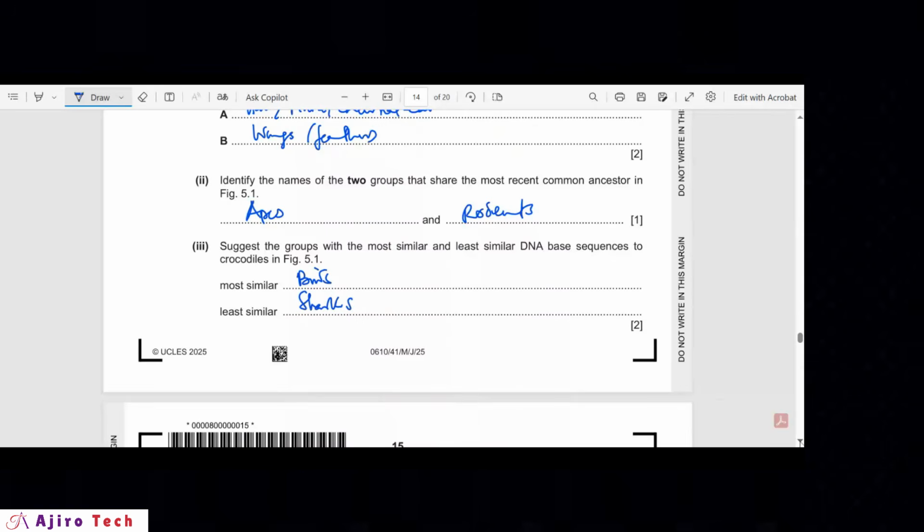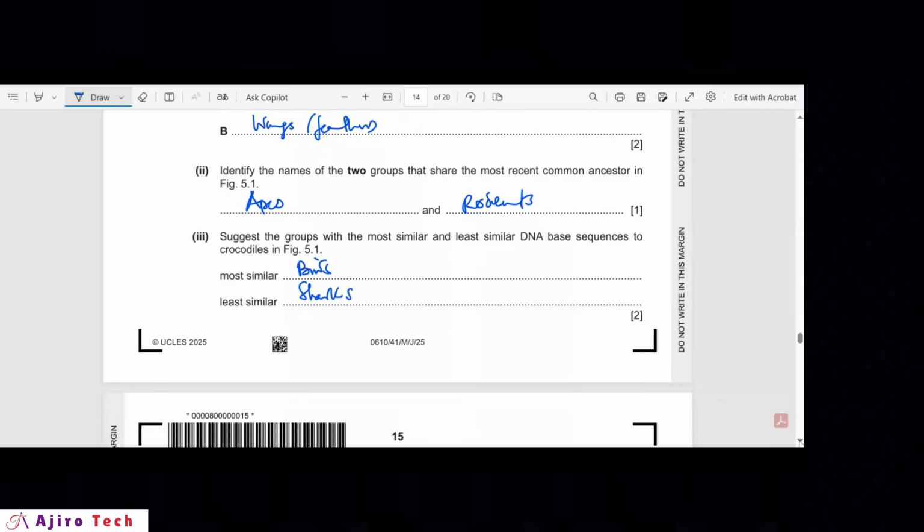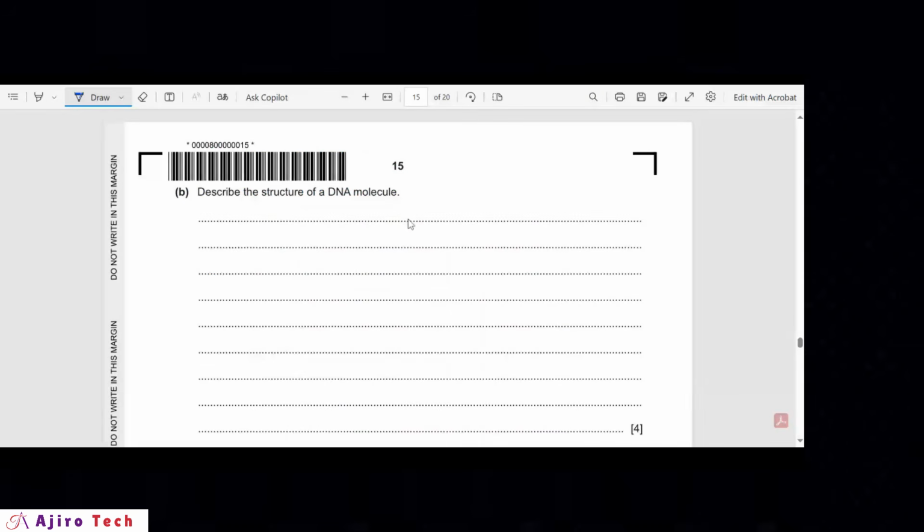Then here we have to describe the structure of the DNA. A double-stranded molecule.